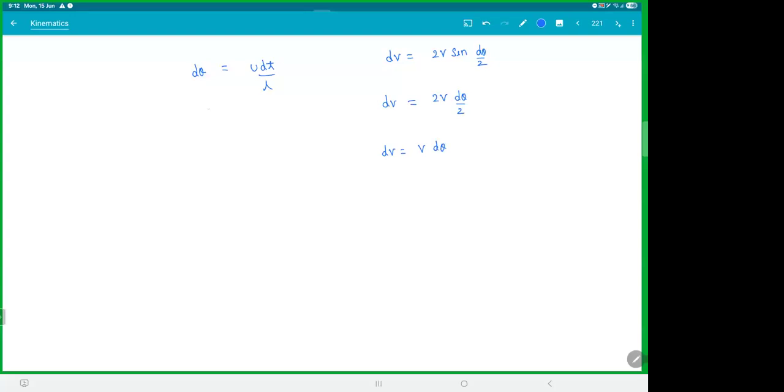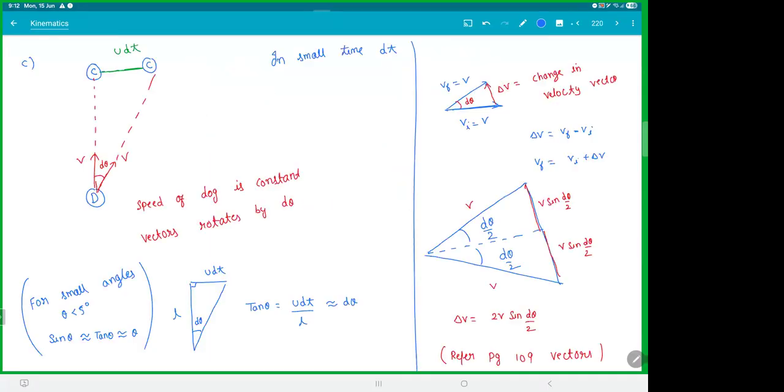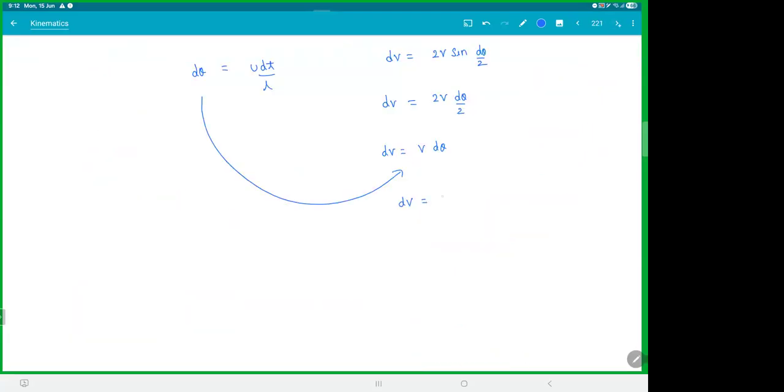We get v d theta, and we take this d theta and substitute here. This would be dv equals v u dt by L. Send the dt that side. We get dv by dt equal to u v by L. dv by dt is acceleration, and v is the velocity of the dog. So the acceleration of the dog is u v by L.